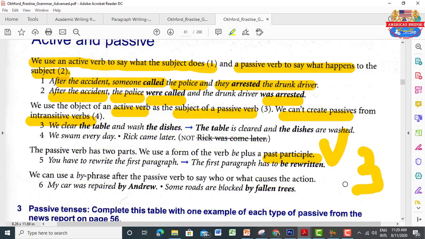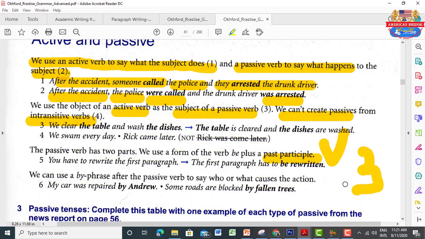You have to write the first paragraph. The first paragraph has to be written. So how can we change this? I think the phrase have to is a bit hard for you, everyone.